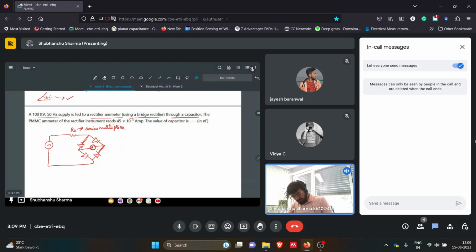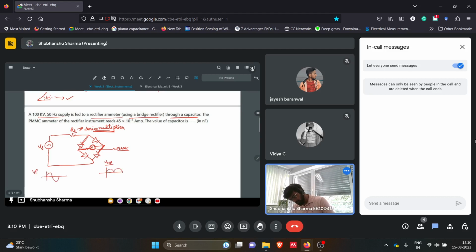Now this RS can be used here or here, it doesn't matter. So this is our sinusoidal source. This will increase the voltage range of this PMMC meter, and the diode circuit will rectify the signal, so we will get a full wave rectified sinusoidal signal if the input is like this.